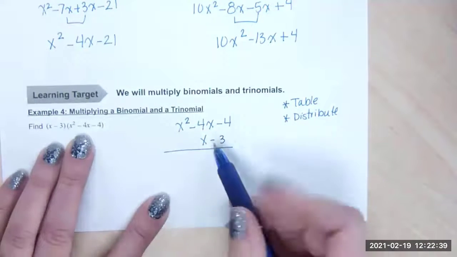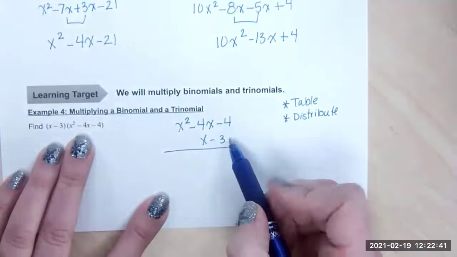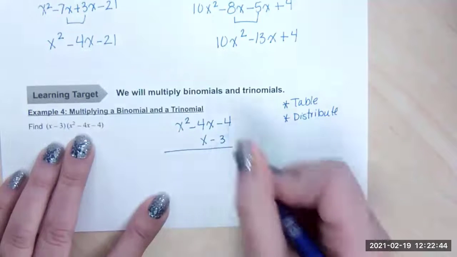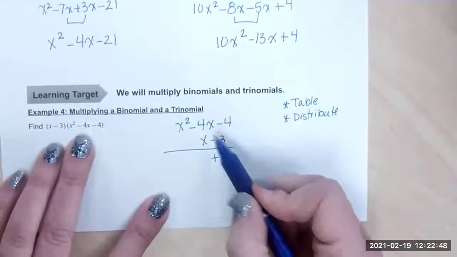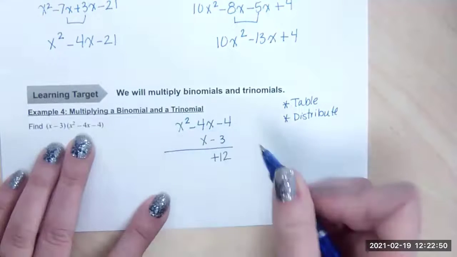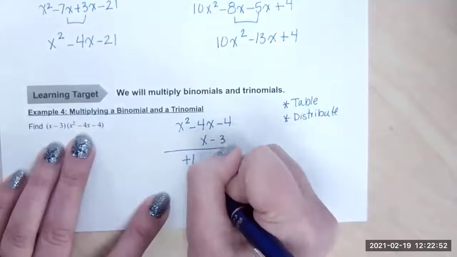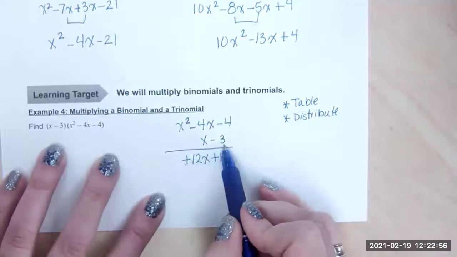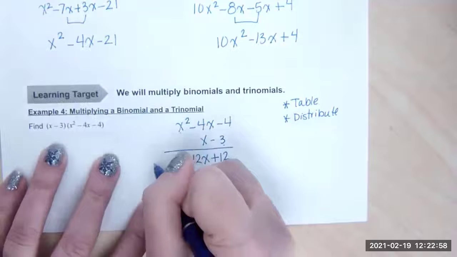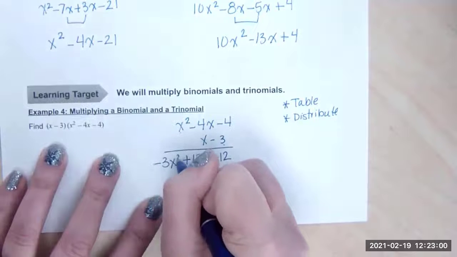So what I'm going to do next is negative 3 times negative 4 is 12. Negative 3 times negative 4x is a positive 12x. This lets me know that I'm adding. And then negative 3 times x squared is negative 3x squared.